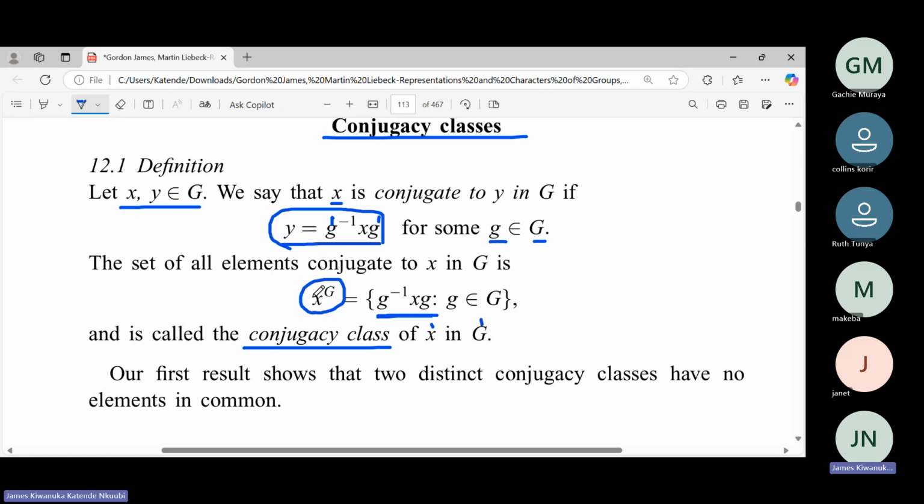So X with a superscript capital G will mean the conjugacy class of X in G, or all the elements that are conjugate to X in G.